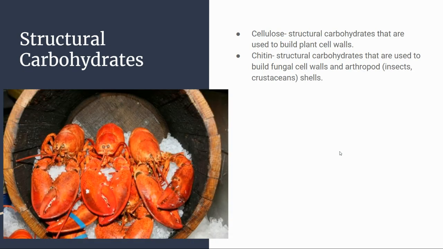Structural carbohydrates. Cellulose is a structural carbohydrate that is used to build plant cell walls. Chitin is a structural carbohydrate that is used to build fungal cell walls and arthropod shells, like insects and crustaceans, or the lobsters that you see right here in the picture.